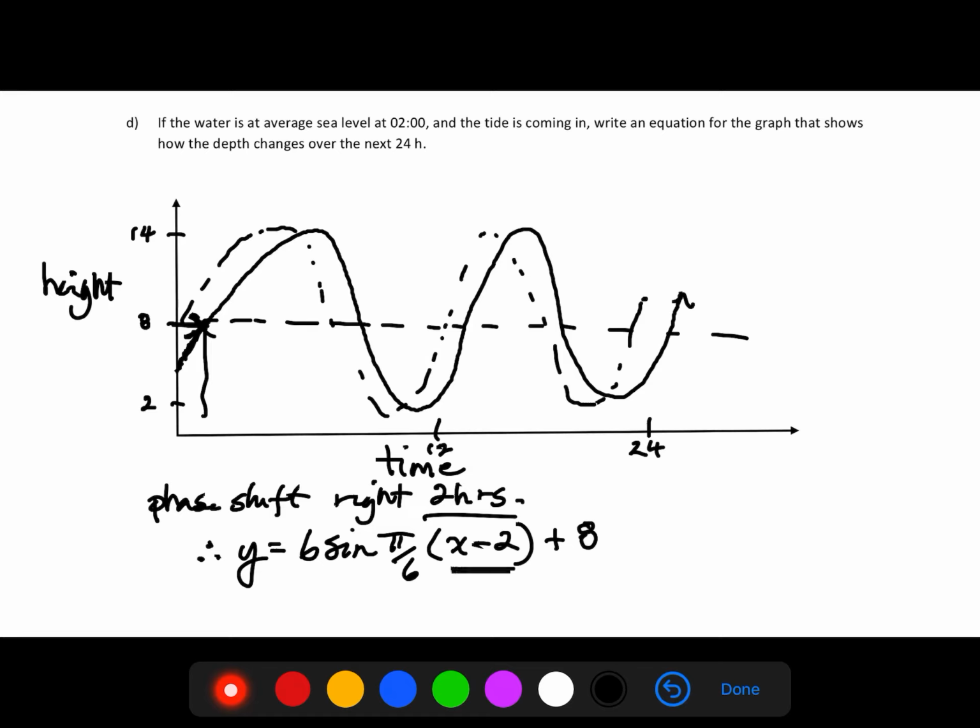Y equals 6 sine pi over 6. Now we have x going to the right, means that it's a positive value and it stays x minus 2 plus 8. Okay, so again, the only difference is that we now have a phase shift of 2 hours and we have x minus 2 in our brackets.